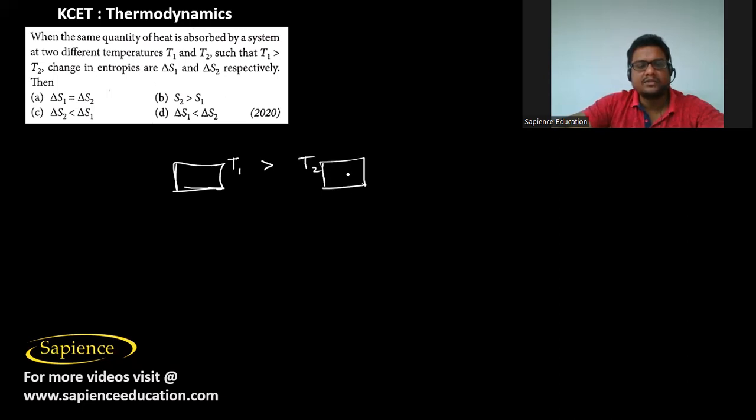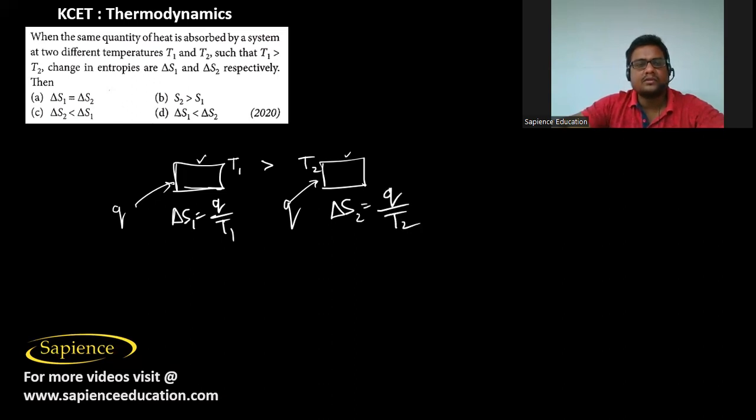So the system is at a temperature T2 and here it is at T1, and the same quantity Q of heat is absorbed. Then the change in entropies: delta S1 will be equal to Q by T1, and delta S2 will be equal to Q by T2. So then we have to compare delta S1 and delta S2.